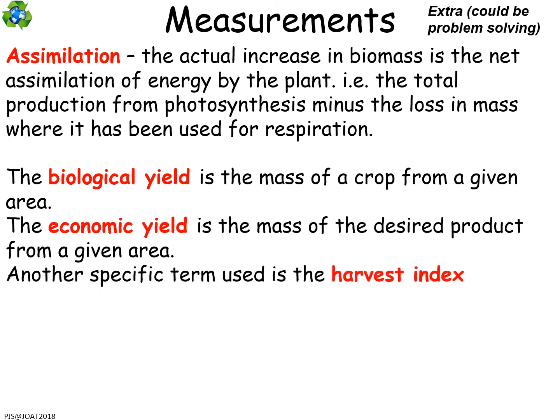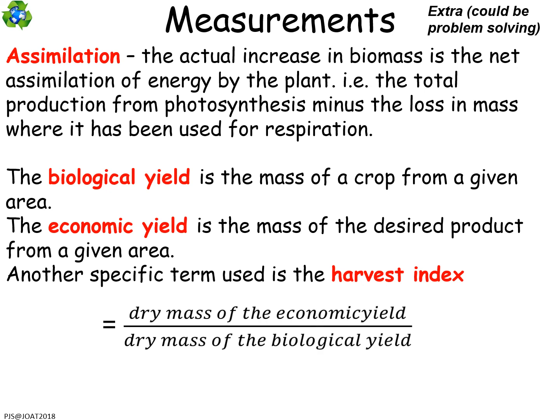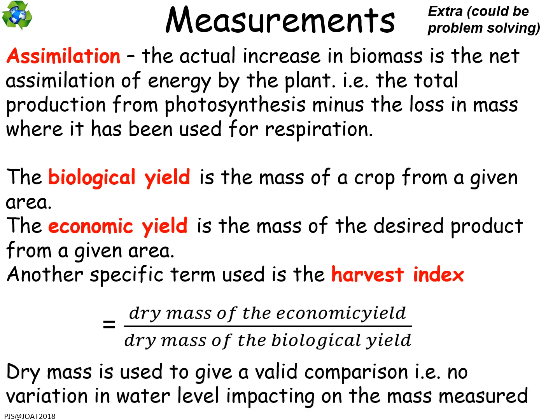That gives you something called the harvest index. Now, I'm just showing you it, it's no longer in the course, but I could totally see it being used as problem solving. It's the dry mass of the economic over the dry mass of the biological. The reason I could see it being used as problem solving is because you have this thing about dry mass, and that is a valid comparison because you've got no variation in water level.